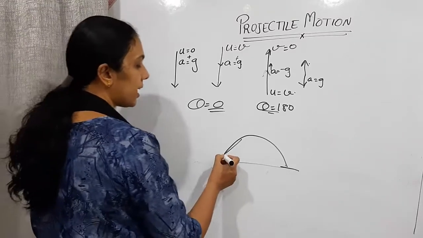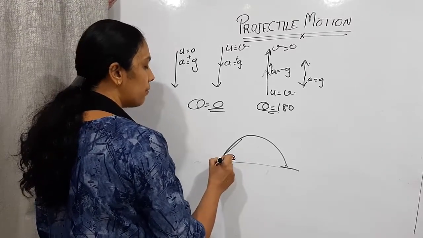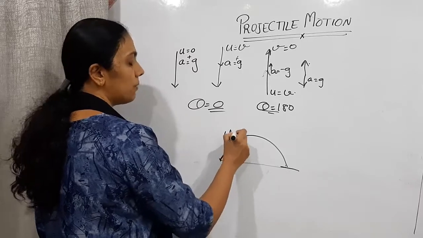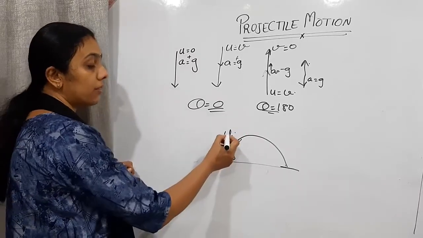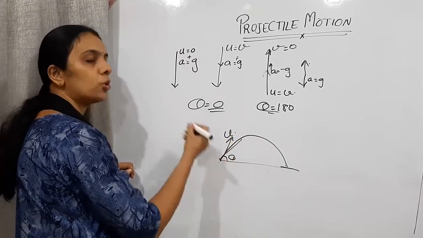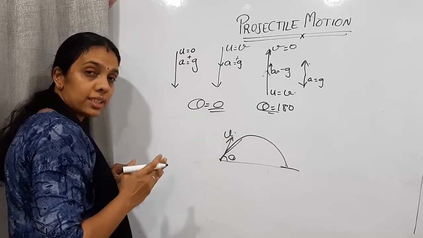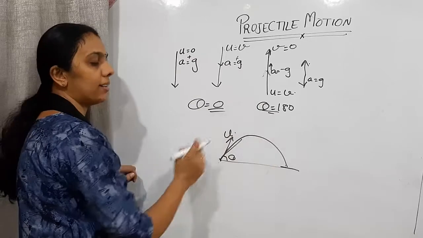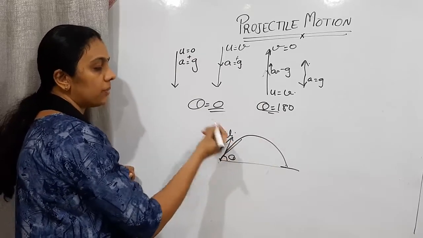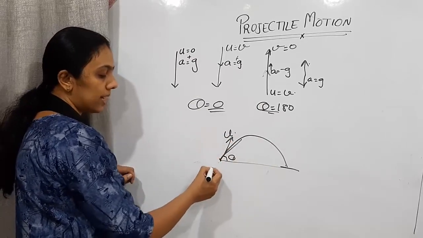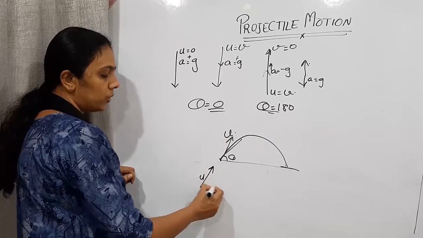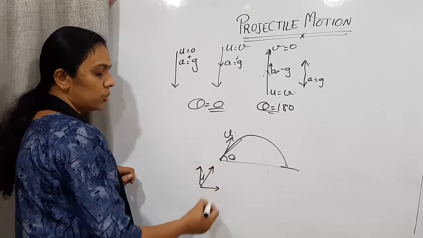Here it's making an angle theta. At each and every point we can find out the velocity. It's moving with an initial velocity u. The velocity will be acting along the tangent of the path, right? That vector we can divide into its two components.